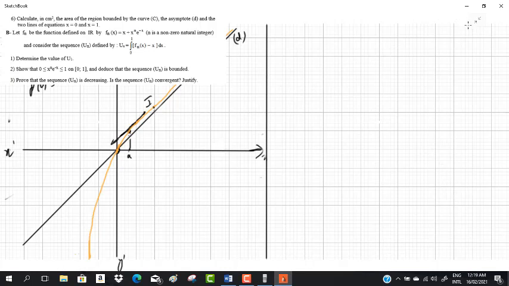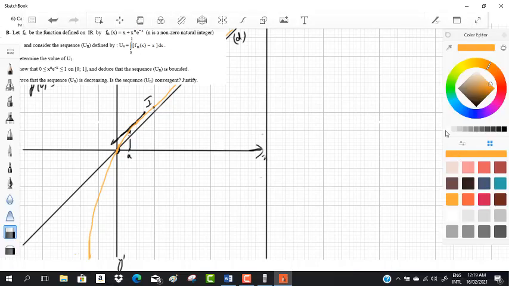Part 6. Calculate the area in centimeters squared of the region bounded by the curve C, the asymptote D, and the two lines x equals 0 and x equals 1. Again, we need to calculate the area between the curve, the oblique asymptote, the line x equals 0, which is the y-axis, and x equals 1.